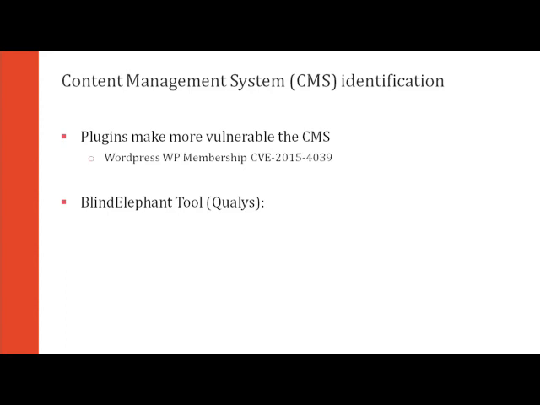Another tool here to identify CMS is BlindElephant. That's created by Qualys, which is a well-known company doing vulnerability analysis and scanning. It can identify Drupal, Joomla, PHP-Nuke, MediaWiki, WordPress, some of the well-known CMS out there. The way it works is that they have specific directory names and resource names, and they try to look for them by doing some requests.